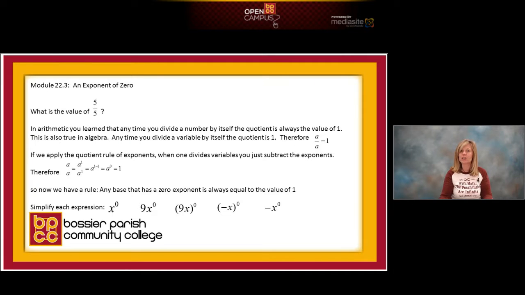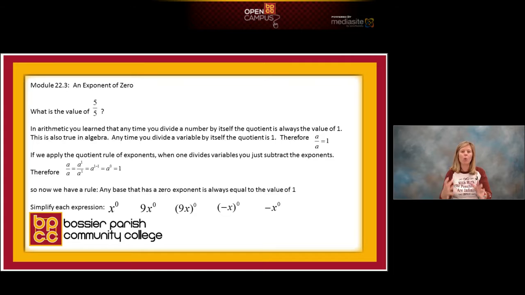We understand 3 squared means 3 times 3. We understand 3 to the first just means 3. Because we have learned when you have an exponent, its job is to tell you how many times to multiply the base. Well, if I have 3 to the 0, that doesn't fit the definition, because how can you write the base 3 zero times?